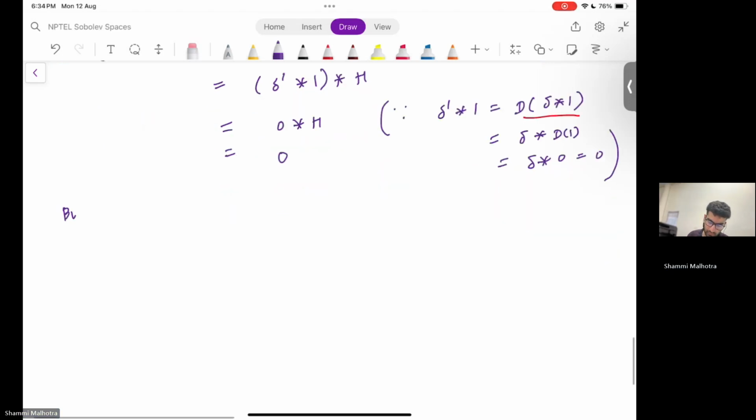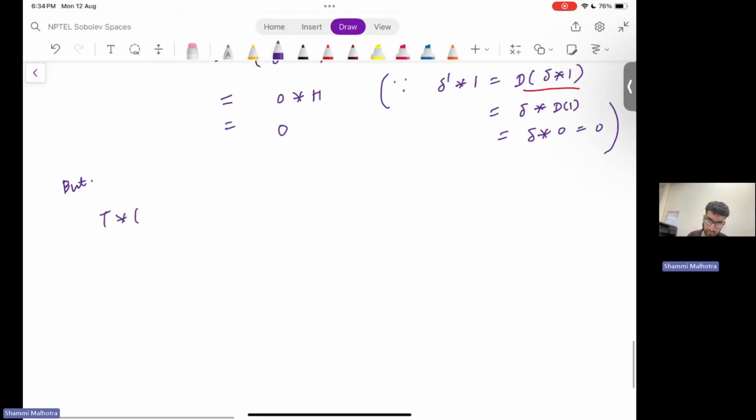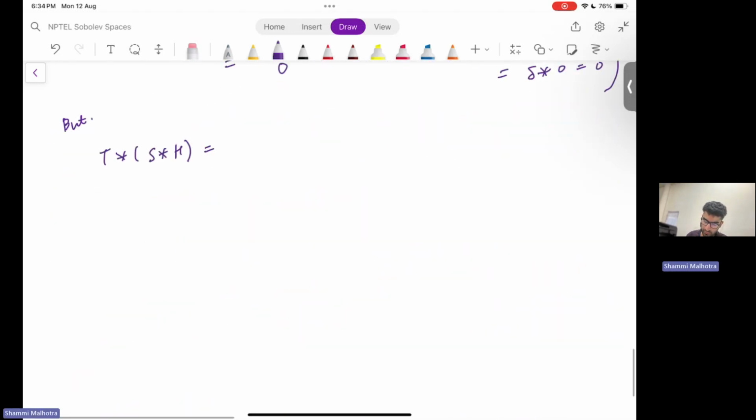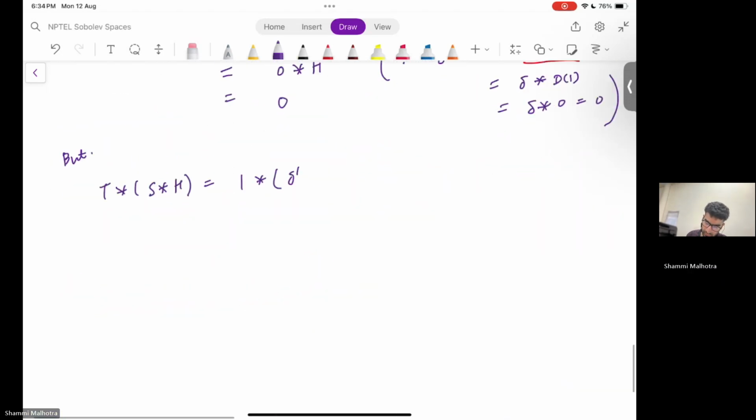But if we try to evaluate T star of S star H, this is nothing but T, which is 1, convolved with S, which is delta dash star H. Now what is this? This is 1 star H dash. How are we getting this? We use the same idea.